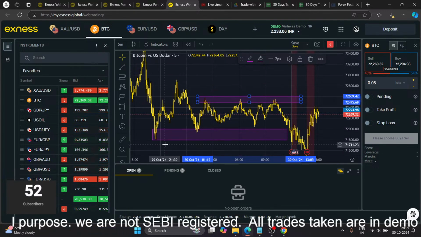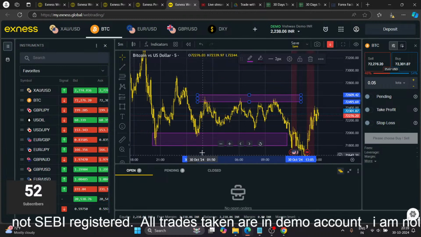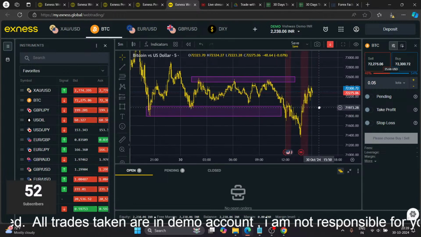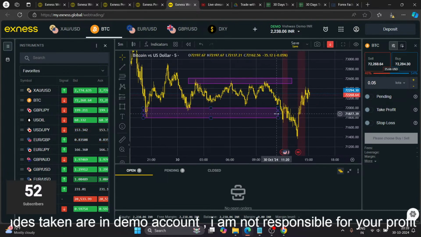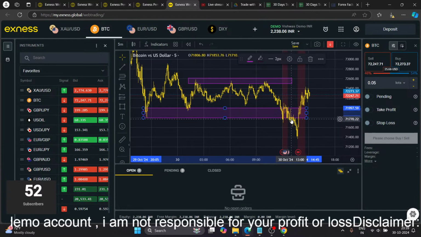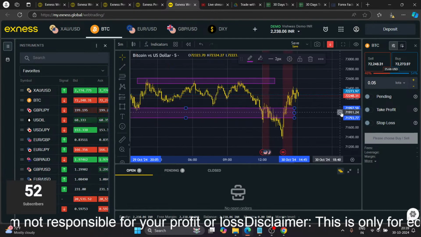Here, in simple terms for you beginners, I can say there is a support here. Once the order block, the support, was broken, it came down until here. There was a sell activated.